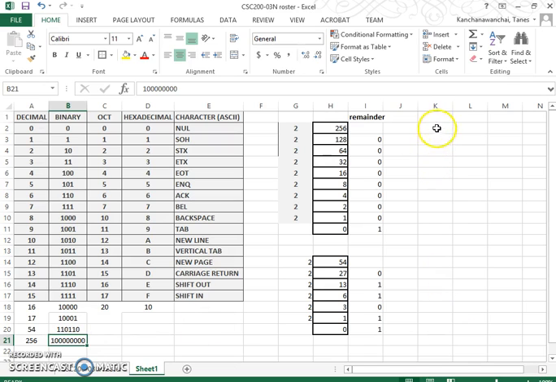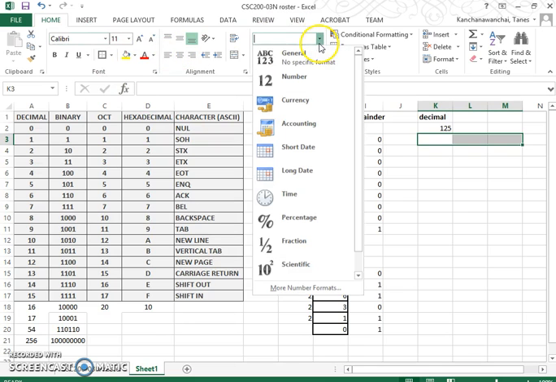So, for example, in decimal, if I'm writing the number 125, we know that 125 is coming from 1 multiplied by 100, right?